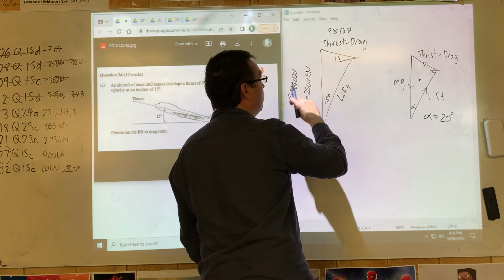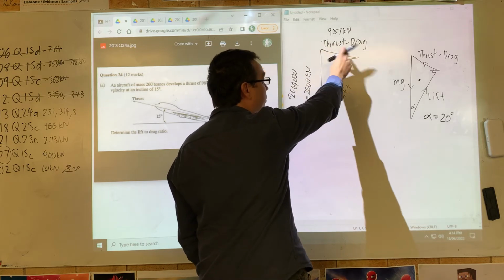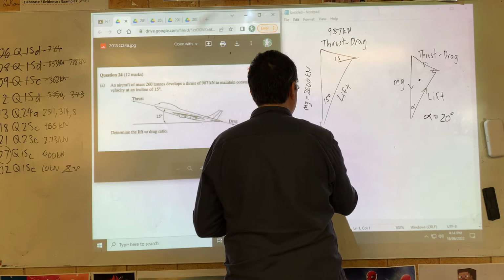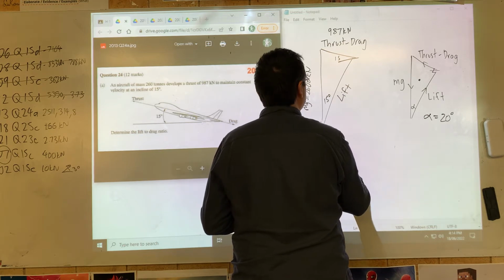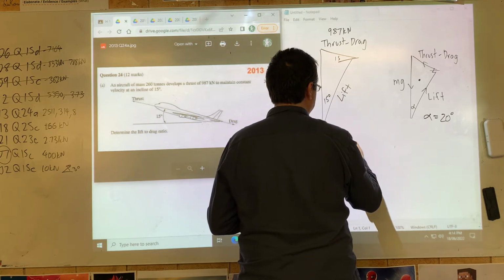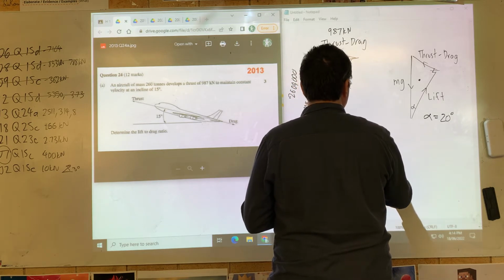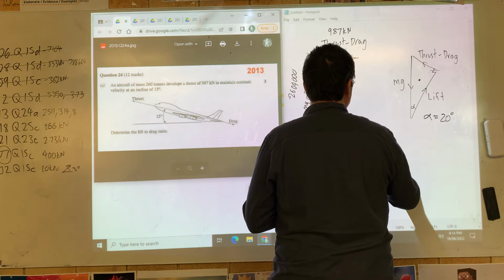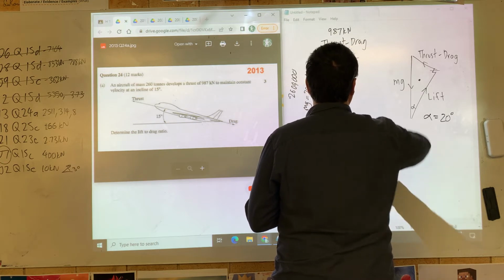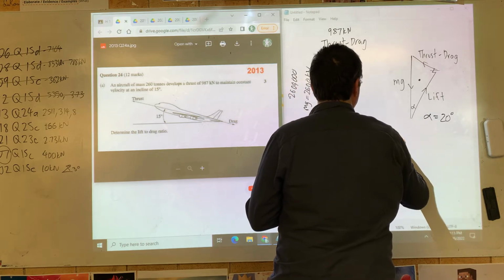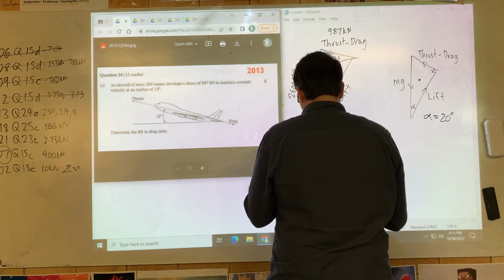Okay, so first of all, we'll find the total value of this sine. So we'll say thrust minus drag equals 2600 opposite over hypotenuse, opposite the angle, so sine 15.